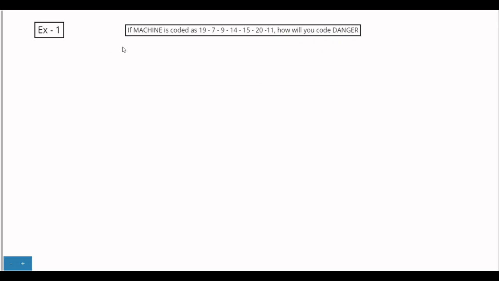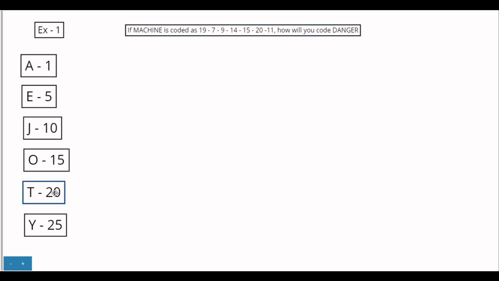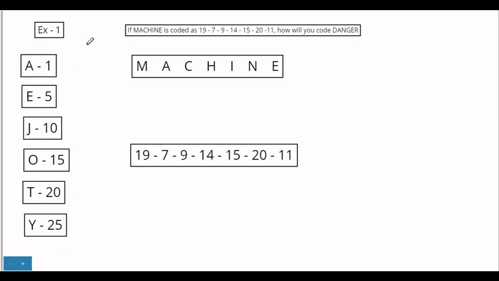In the last video, I had told you a tip about how to remember the numbers corresponding to the alphabet. You just have to remember these alphabets and you can add or subtract to get the corresponding alphabet that you want. In number symbol coding, it is really crucial to know all of these alphabets and their corresponding numbers.